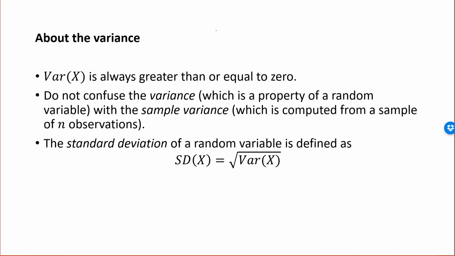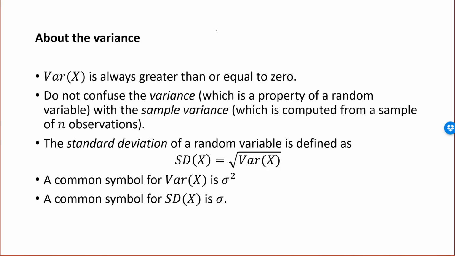Also, the most common symbol for the variance is sigma squared. For some reason, the Greek symbol sigma has been associated with variance. With this notation, we typically then use sigma for the standard deviation, simply because the square root of sigma squared is sigma.